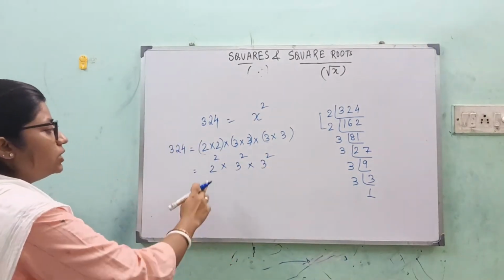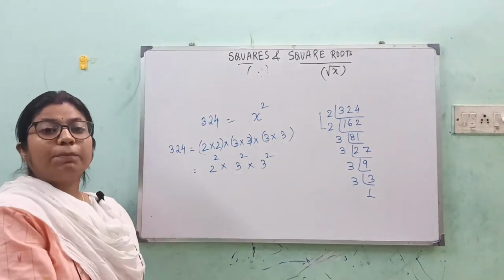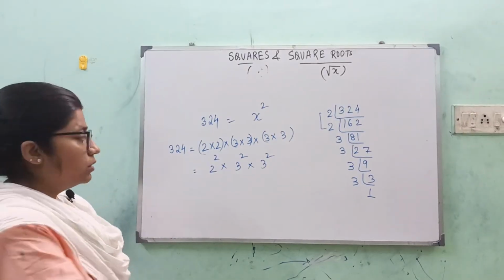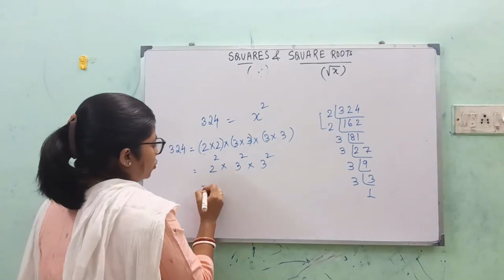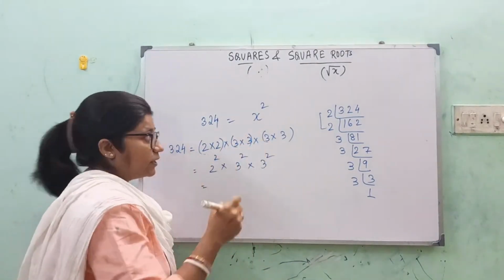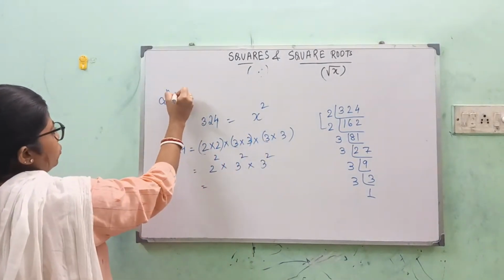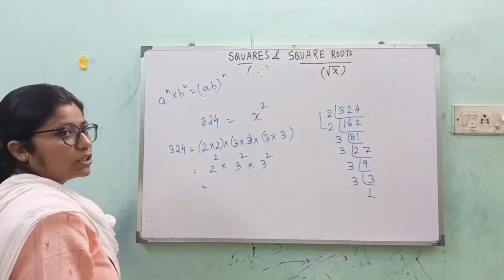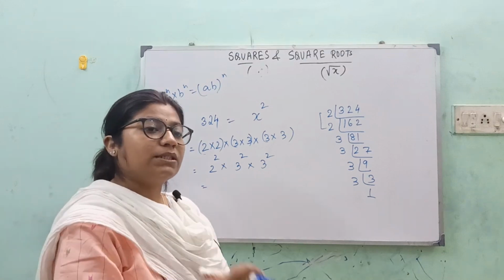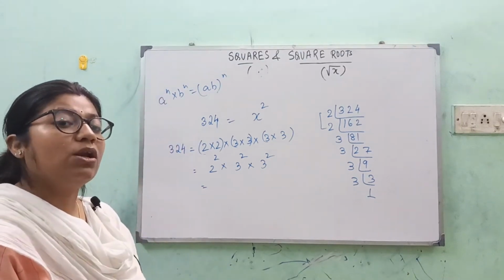So see, each of these prime factors could be written in the form of a pair. Now we have learned the laws of exponents, which say a to the power n into b to the power n is equal to ab whole to the power n. If you are not comfortable with the laws of exponents, please go back to the videos based on the laws of exponents.